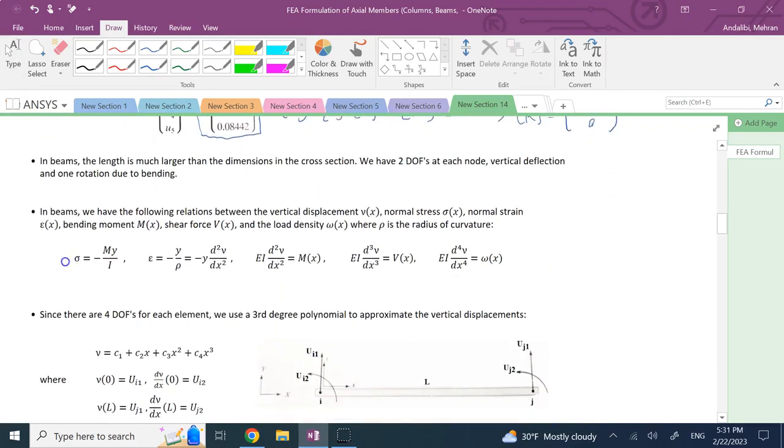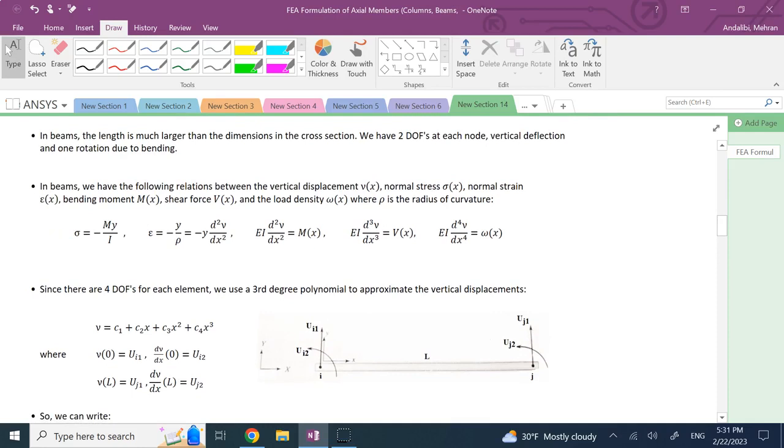Okay, so this is a simple column analysis using the loading matrix and the stiffness matrix that we found for each element. Now we can go to what? We can go to the beams. In beams, one of the definitions that we have for beam, how is a beam different than other structures? Well, the length of the beam is much larger than the dimensions in its cross section, right?